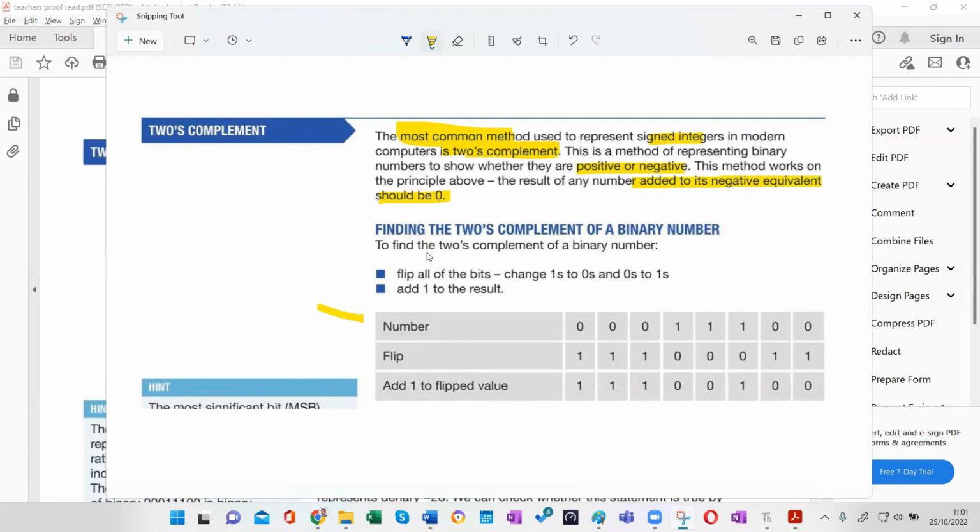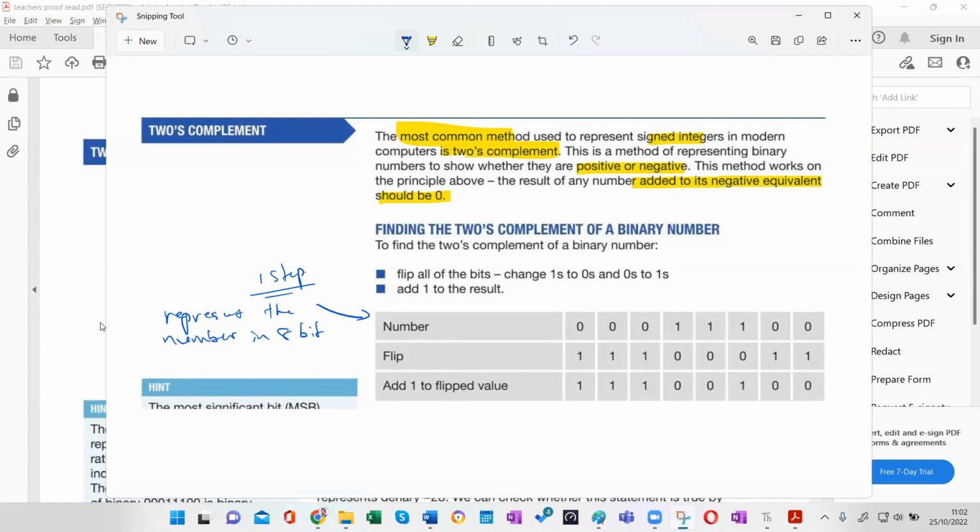First step is to represent the number in 8-bit binary.